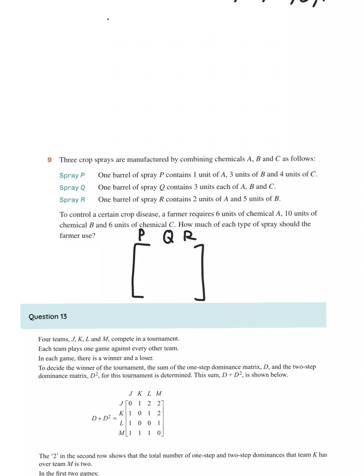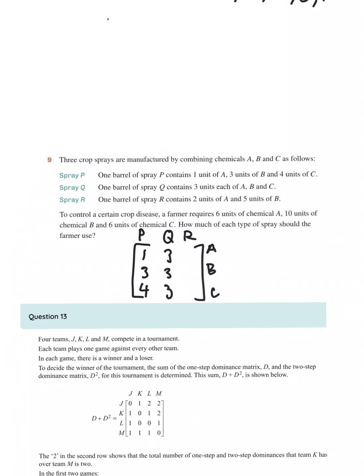Okay, and then in the rows, I'm just going to have the amount of chemicals in each. So chemicals for A, B, and C. Okay, I'll just fill that in. So P was 1, 3, 4, Q, 3 of each.